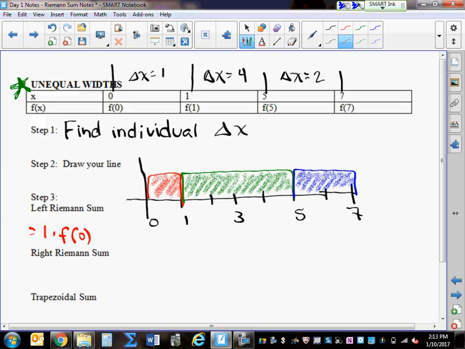Okay, so then my green rectangle now. This board is very sensitive lately. The new year, I don't know. Alright, so my green rectangle, what is the width here? 4. And my height of the green rectangle on the left Riemann sum is going to be f of 1.